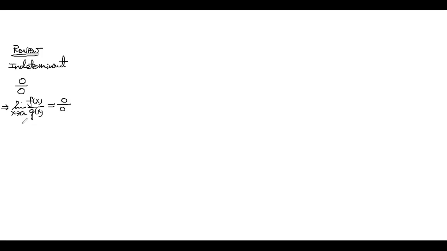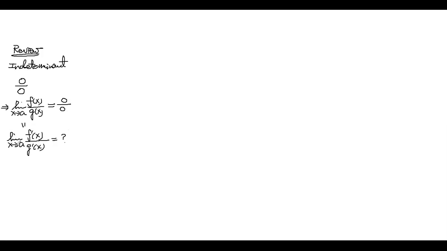So this will be equal to, the way L'Hopital's rule tells you, you take the derivative, respectively, on the numerator and on the denominator, right? Then you see what this gives you. If it is still indeterminate form, then you continue to use L'Hopital's rule until you find a solution.